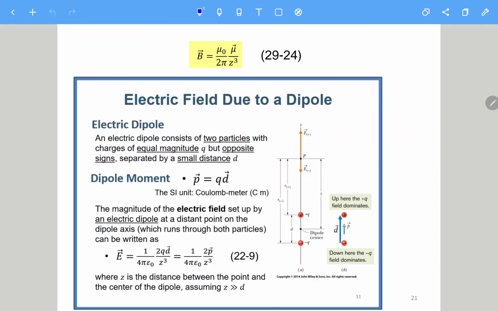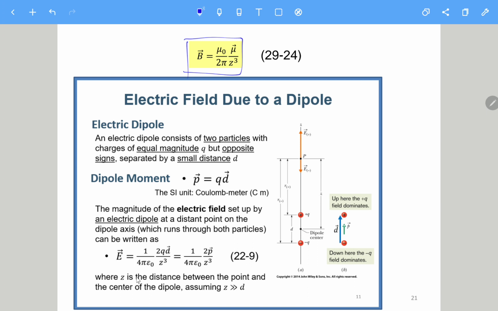Before we try to derive this expression, let's recall the electric dipole. Oh, this is P rather than mu. Last time I forgot the variable for the electric dipole moment. Okay, so for the electric dipole moment, it is P. In chapter 22, we already derived this one.